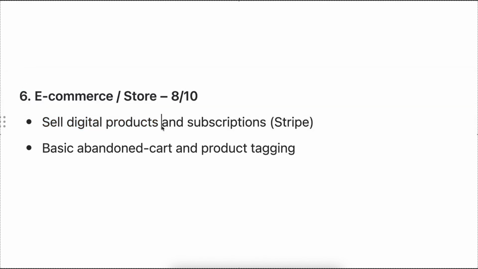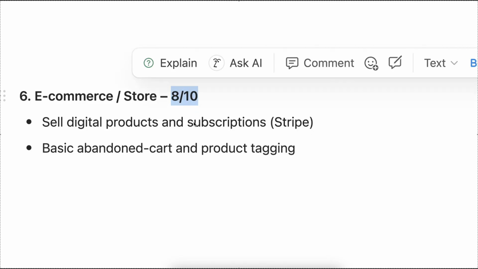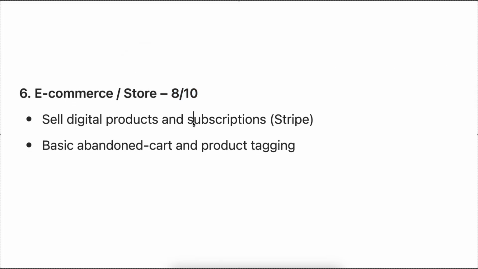I don't know if that's the option necessarily you want to go with, or you want to use an actual e-commerce tool, but they do provide this. And then you have all of these different features like the abandoned carts, product tagging, all of those kinds of things. You can insert products within emails. I will give it an 8 out of 10 because it's not primarily made for e-commerce. So there are some tools that are more advanced than MailerLite.